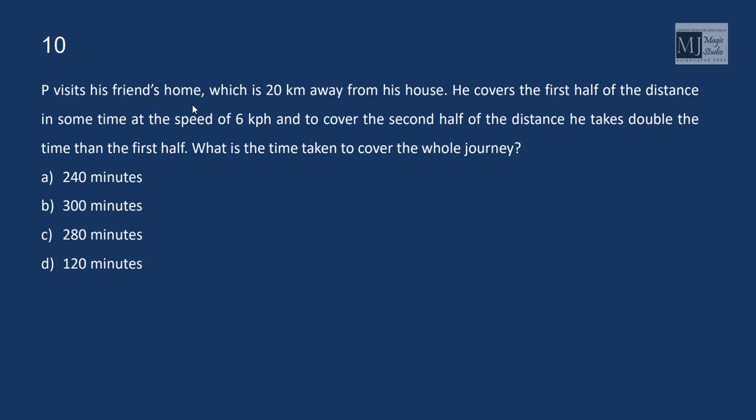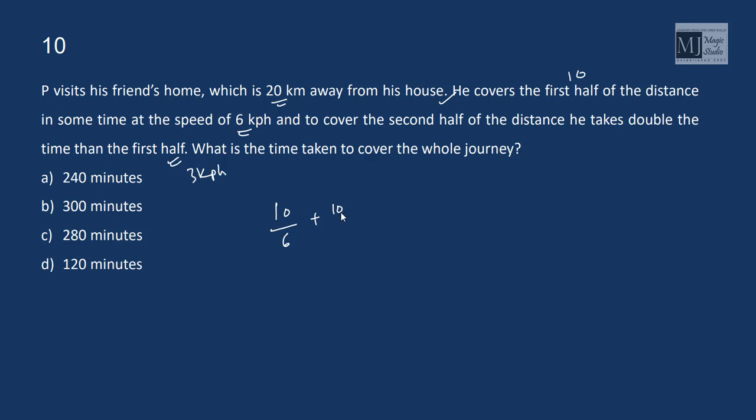P visits his friend's home, which is 20 km away from his house. He covers the first half of the distance in some time at a speed of 6. And to cover the second half, he takes double the time than the first half. Double the time means now the speed is 3 kph.